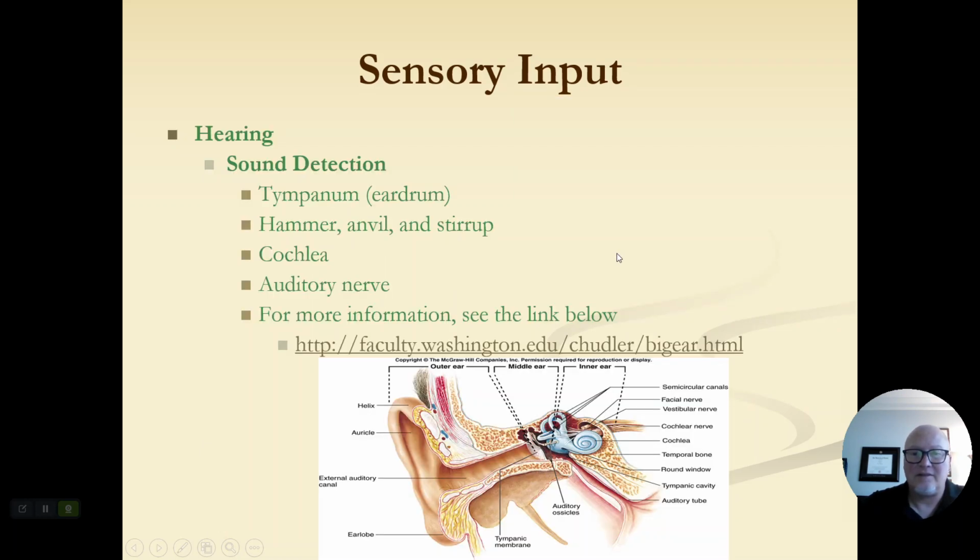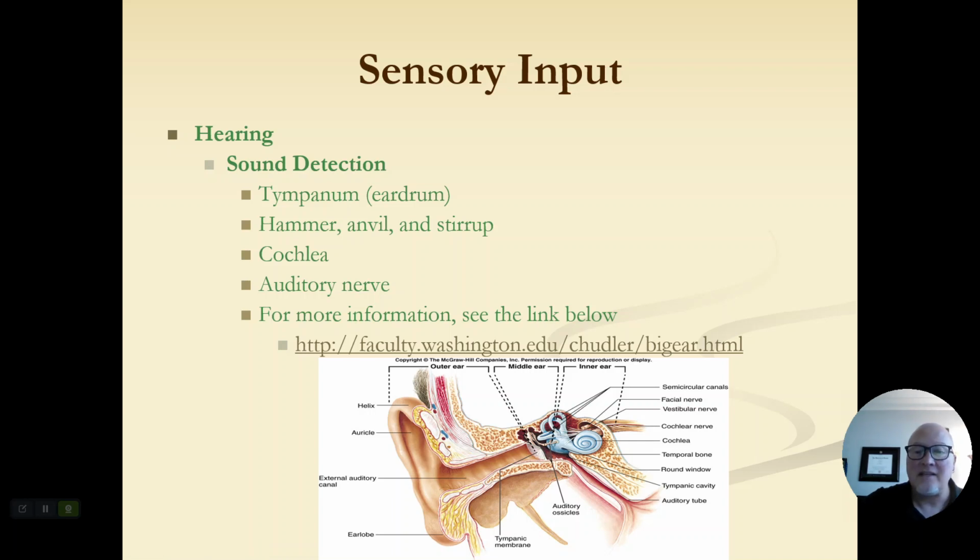Hearing. Sound is a compressional wave, and that'll make more sense when we have our lecture on waves. We have these big cups on the side of our head that collect compressional waves coming through the air, and this causes the tympanic membrane, the eardrum, to vibrate back and forth.